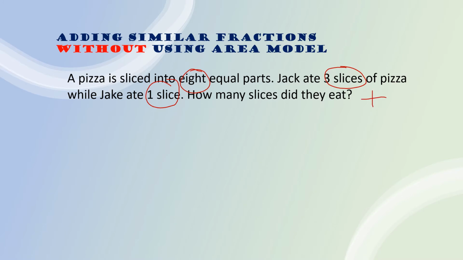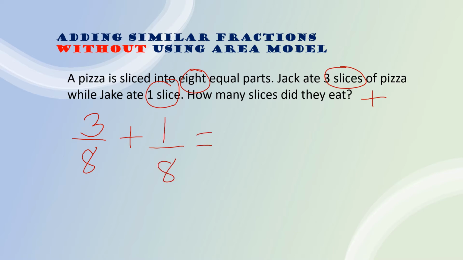So we can just write our equation. Since it's divided into 8 equal parts, we know that the denominator is 8. If Jack ate 3 slices, then it's 3/8. Then plus, Jake ate 1/8 of the pizza.